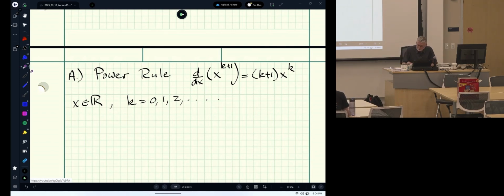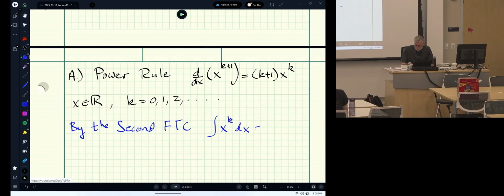It says that the antiderivative of x to the k is x to the k plus 1 divided by k plus 1. Okay, how do we prove it's an antiderivative? We differentiate it and we get the function back.